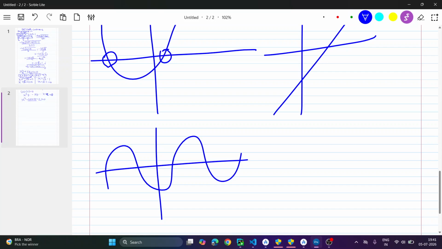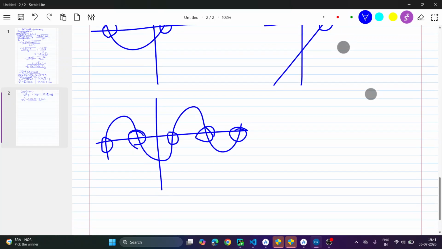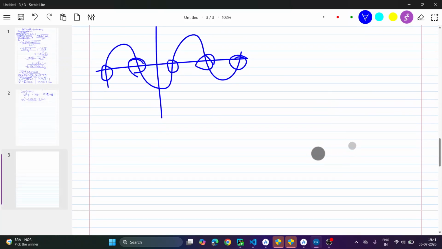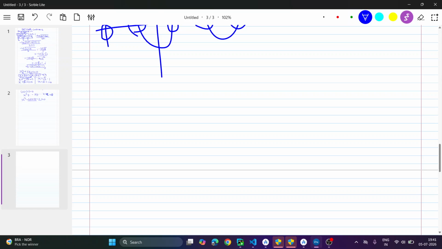The x coordinate of this point is 0. This, and then this, this. Now let's write the definition. Let's frame it, okay? You shouldn't mug up this stuff. We can just frame it.